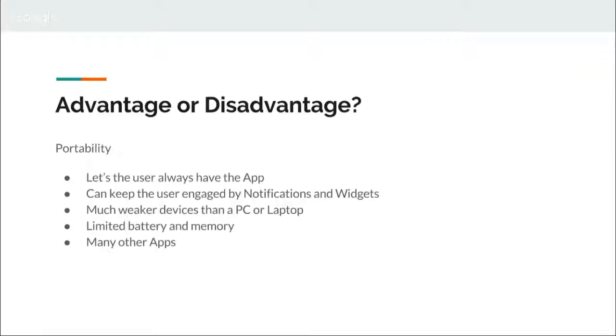We can have our application draining the battery excessively. The other thing is that there are many apps developed for Android. And this is kind of a problem because we have to develop an app that is original or that provides something unique. Otherwise, there is really no advantage for our application.